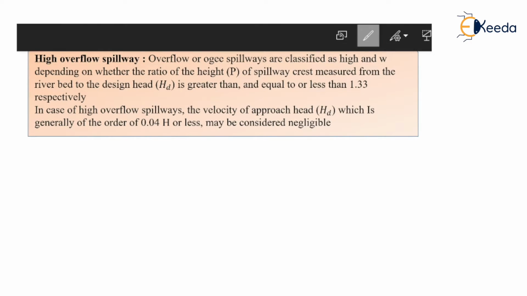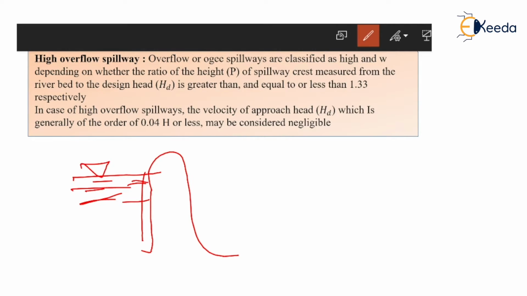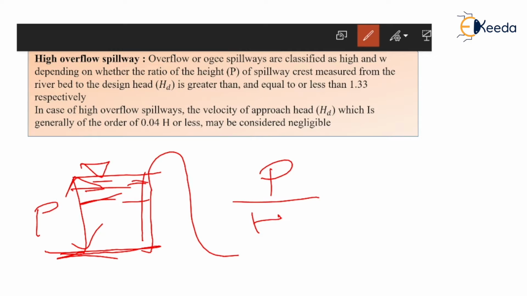If this is your spillway, generally up to this crest point you have a water surface, and this will be denoted by P, the water available on the upstream side. It depends upon the ratio of this crest height, which is measured from the river bed, to the design head.